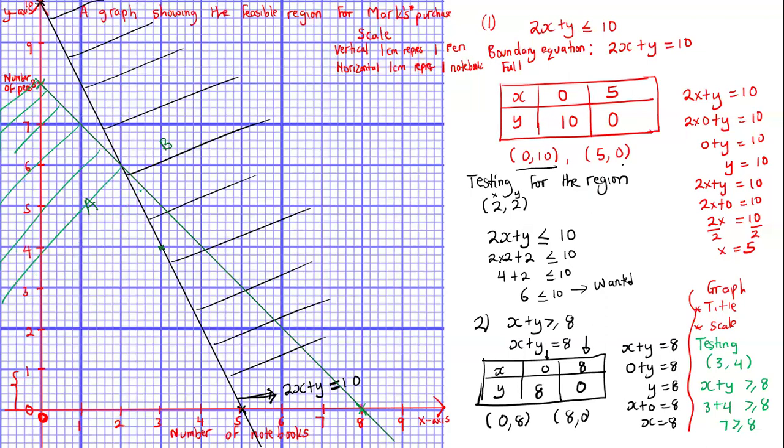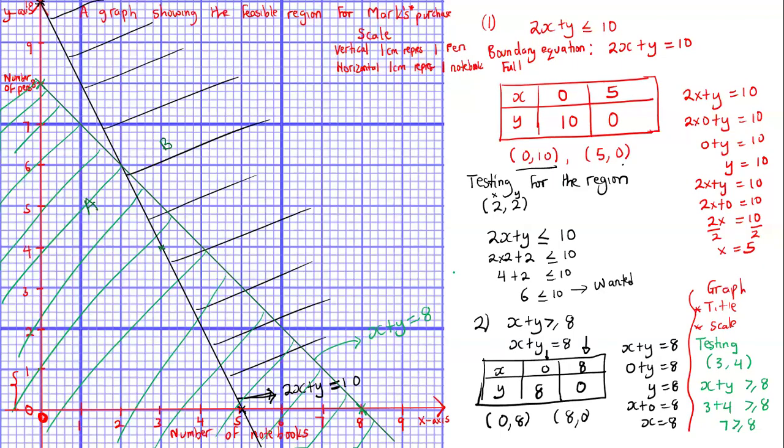I shade it, have it shaded. So that is it. Then after, I'm going to label that this line of mine is the line x plus y is equal to 8.